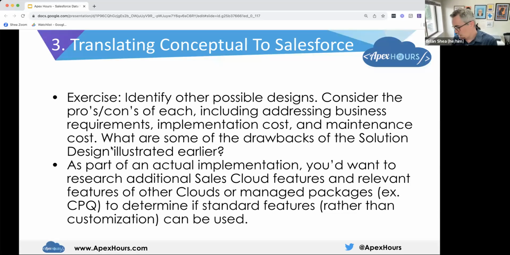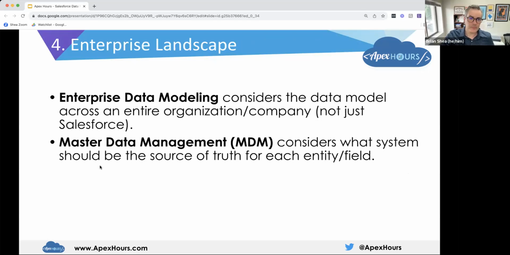One of our well-architected principles is to use out-of-the-box data models when possible, and doing some research and seeing when we can use standard data models or out-of-the-box functionality can be really powerful for building a more maintainable solution with potentially lower implementation cost.